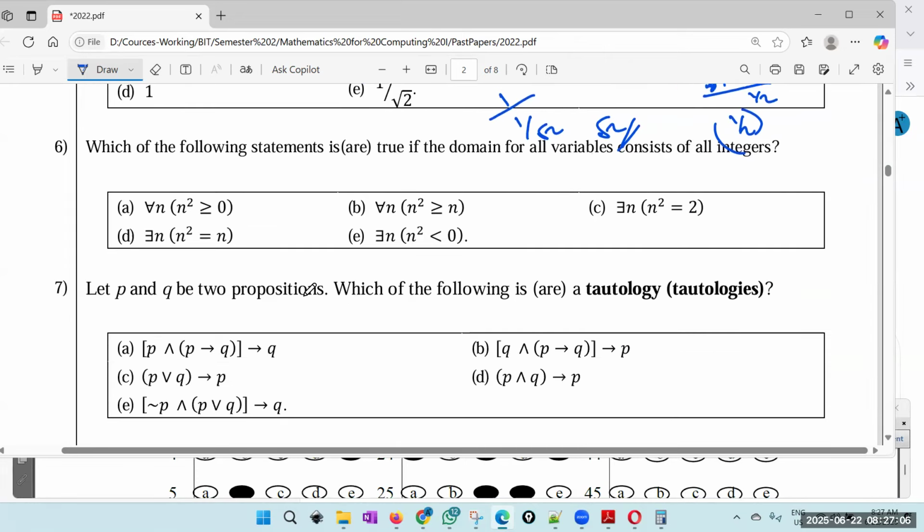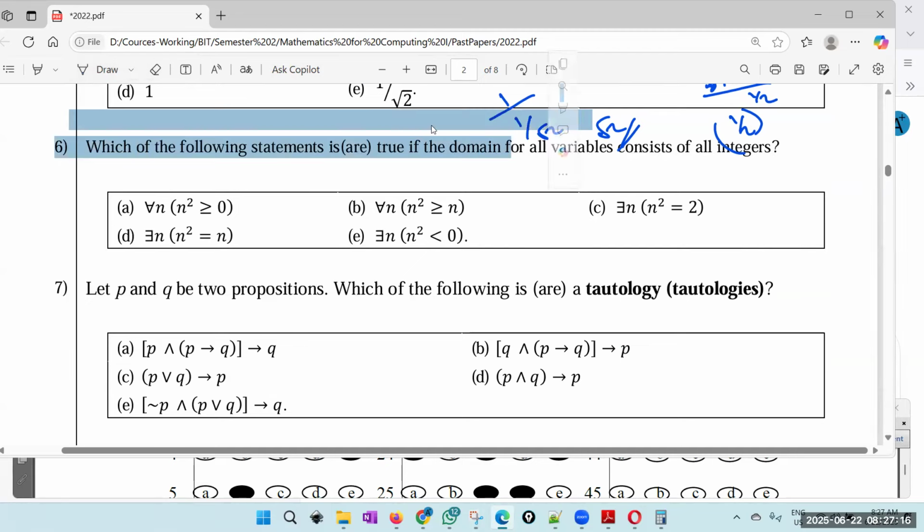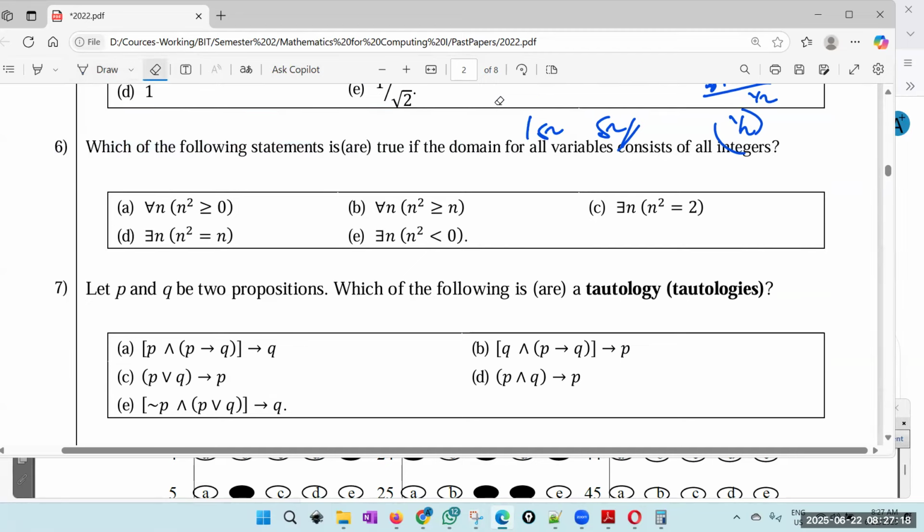6-1. Which of the following statements is/are true if the domain for all variables consists of all integers?